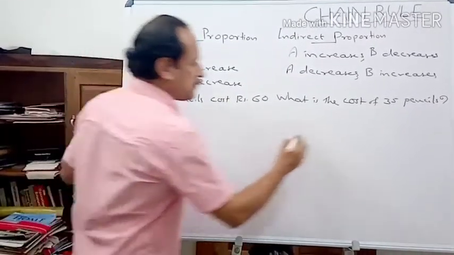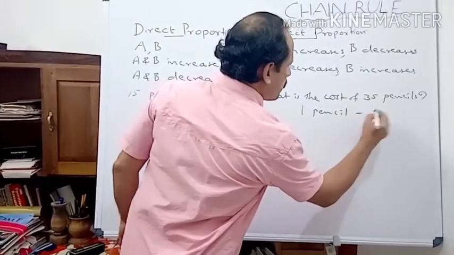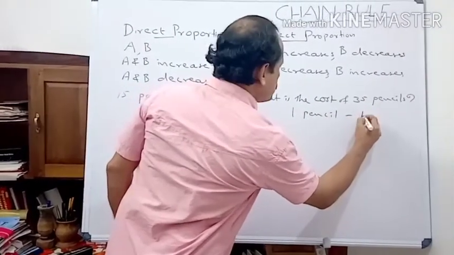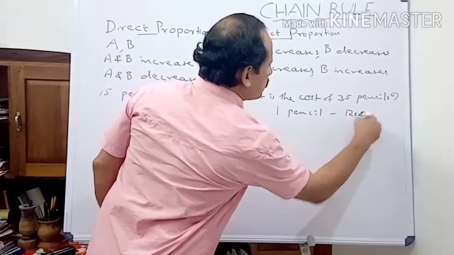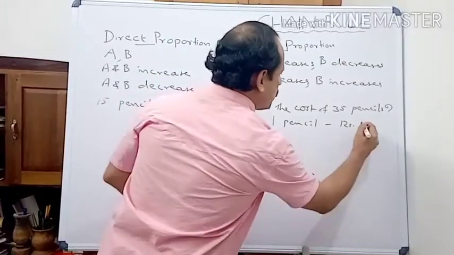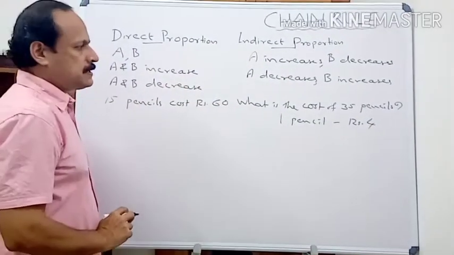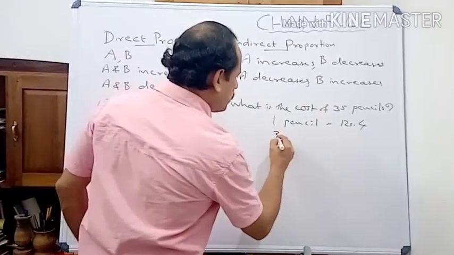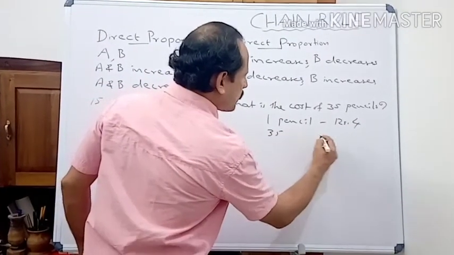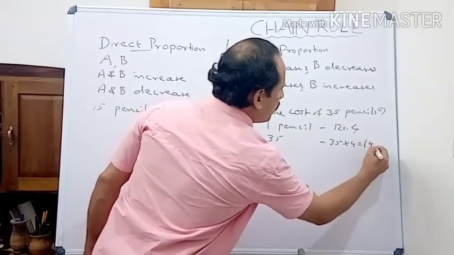So what is the cost of one pencil? One pencil costs rupees 4. Therefore, 35 pencils cost 35 into 4, which is 140.